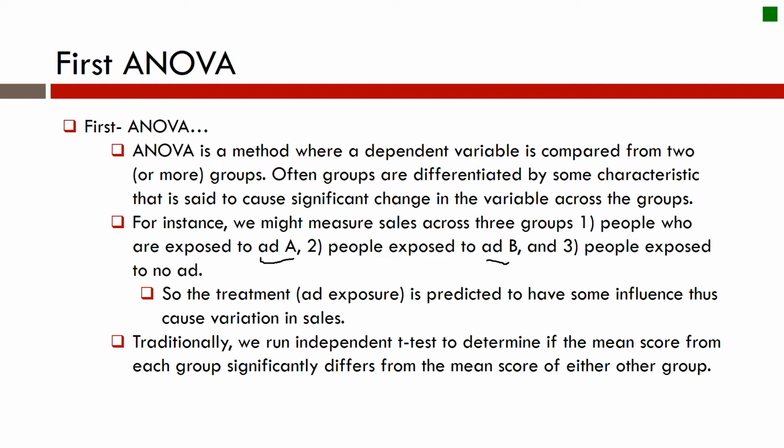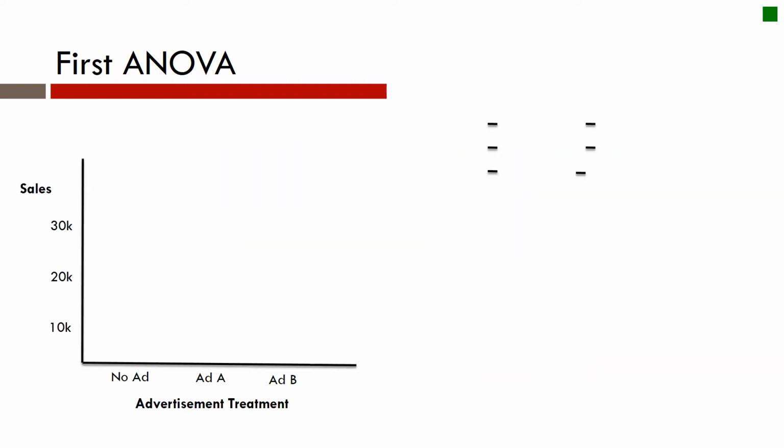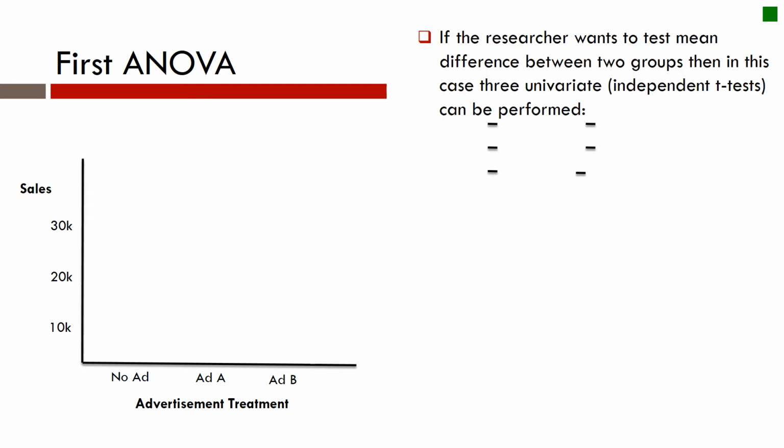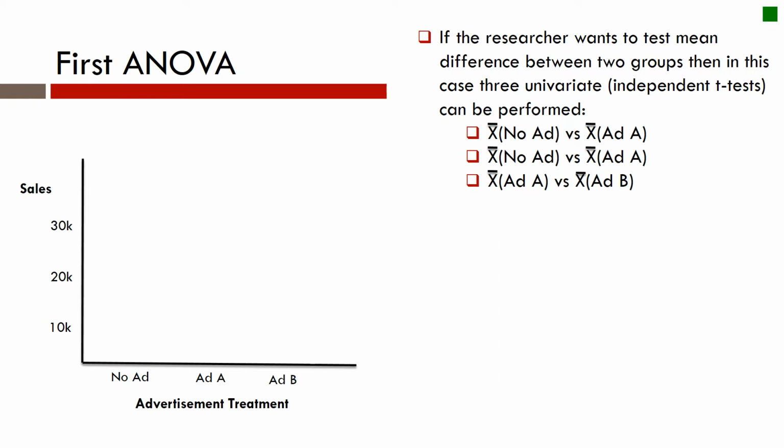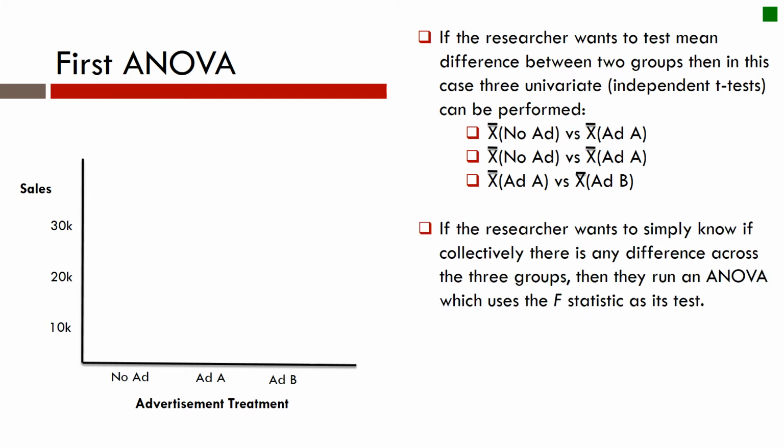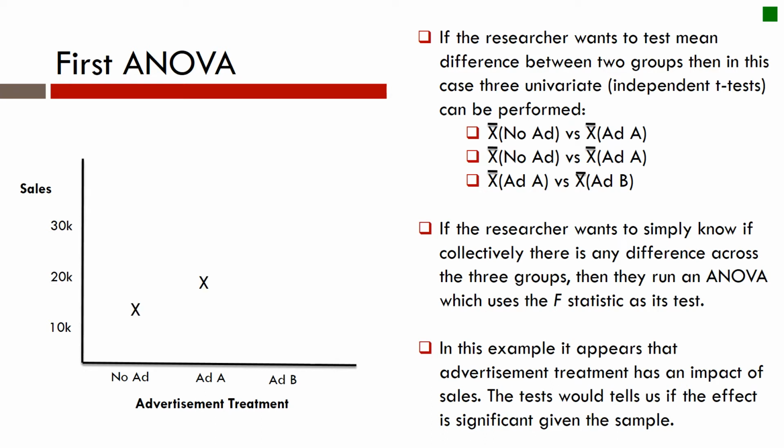Traditionally, we would run what we call a t-test to determine whether the mean across each of these three populations was in fact different or the same. If we put this in graphical terms, a researcher who wants to test the mean difference between groups would run three different tests.